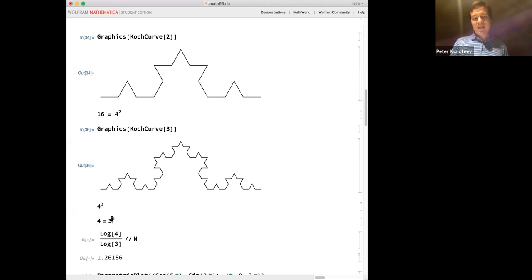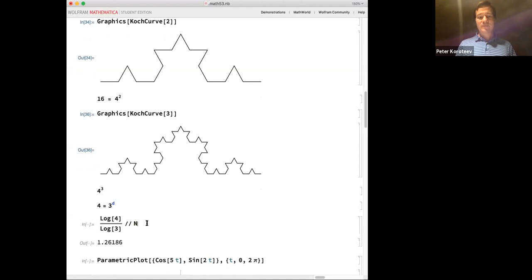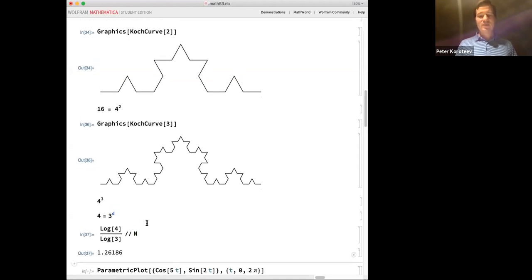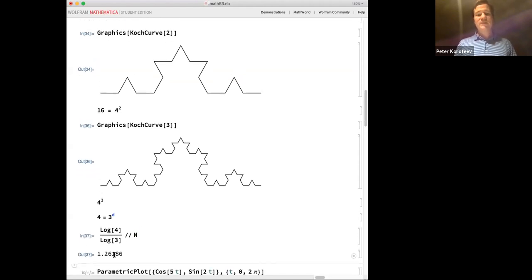So the dimension, whatever it is, should be the number that solves this equation: 4 equals 3 to the power d. Well, the solution of this equation is log 4 divided by log 3, and if you evaluate this numerically, you'll get 1.2662 or something like that.